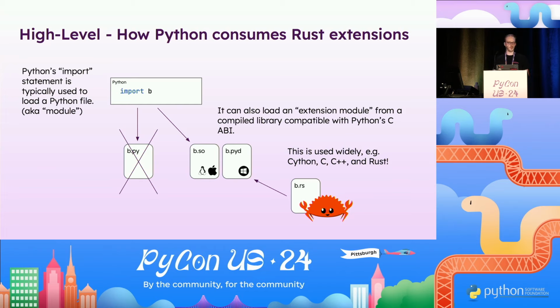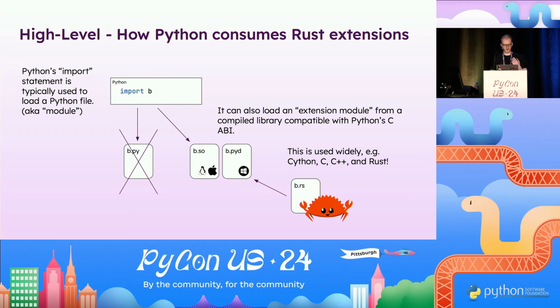And that native code is expected to go create Python classes, Python functions, and hand them back to the Python interpreter so that you can interact with it, just like it were a module named b.py. And this isn't anything new. You've probably heard of C and C++ in the Python ecosystem for a long, long time. Rust is using exactly the same trick.